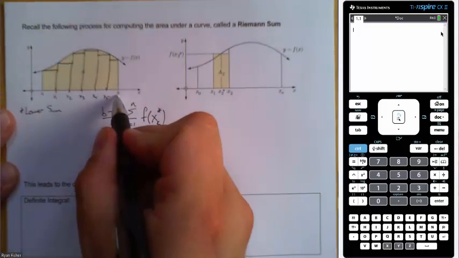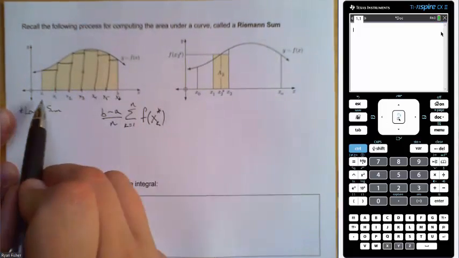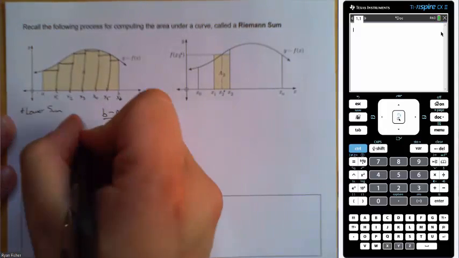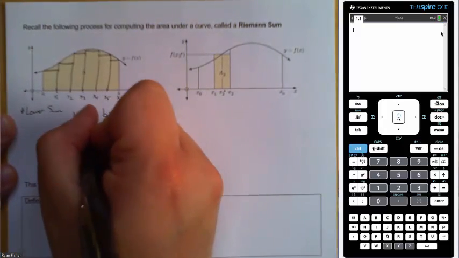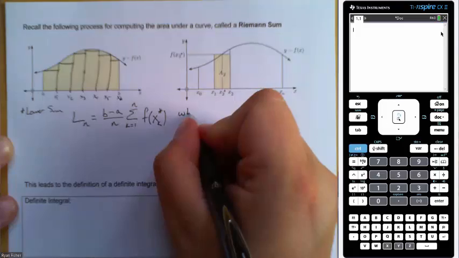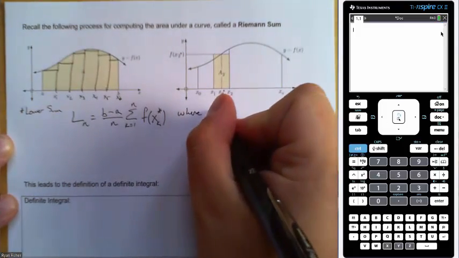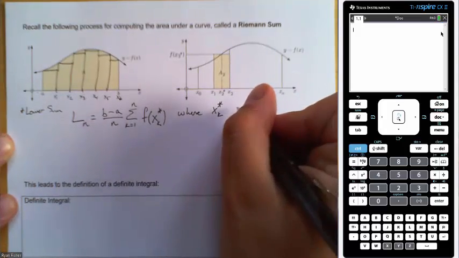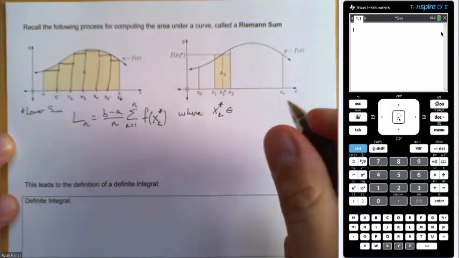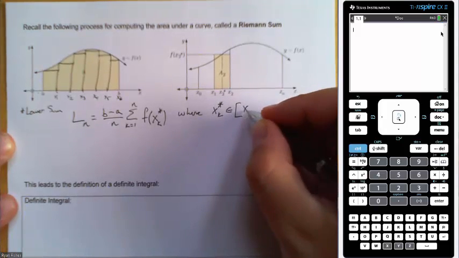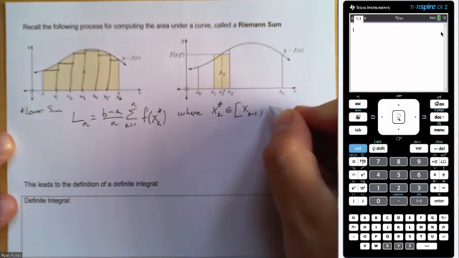In this case, k goes to 6: 1, 2, 3, 4, 5, 6. Riemann called this his lower sum of n rectangles. And again, x star of k is the x that goes with the minimum in the interval from x of k minus 1 all the way to x of k.